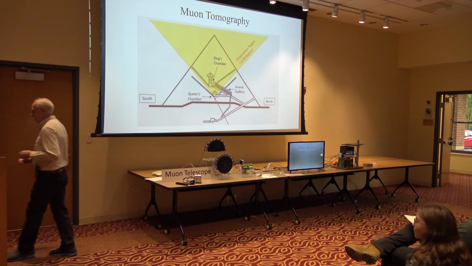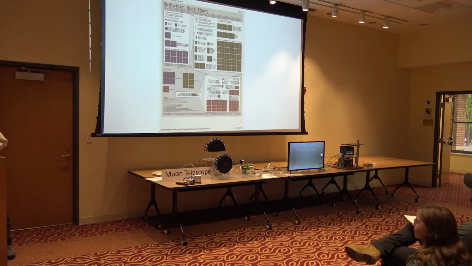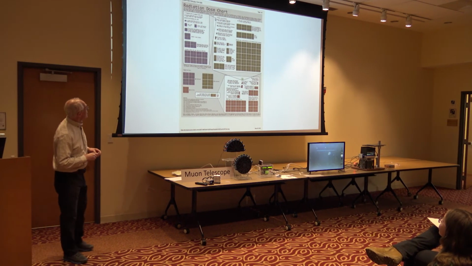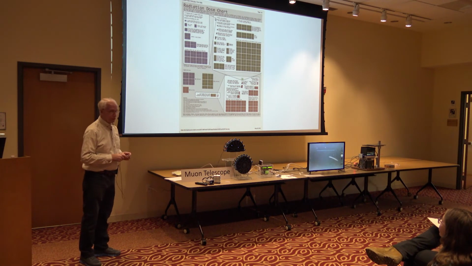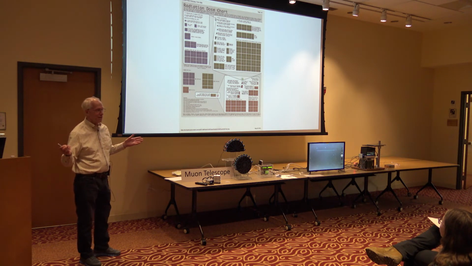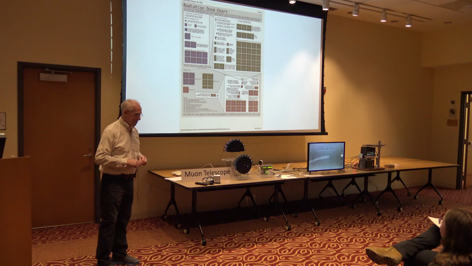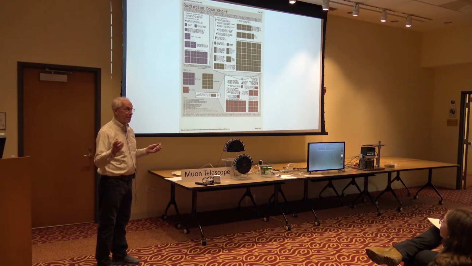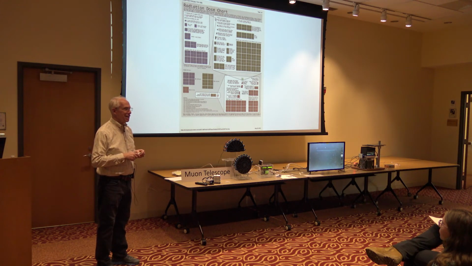Now, if you're really interested, I present this radiation dose chart. I tell you, you're all exposed to radiation. It's muons that penetrate your body all the time. It's part of our heritage, part of our inheritance, part of our genealogy.